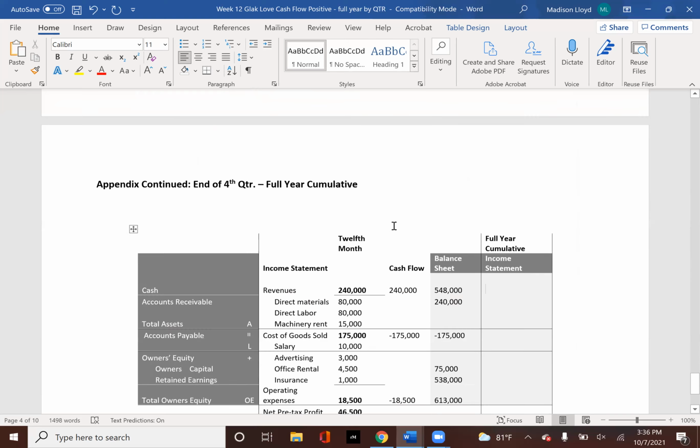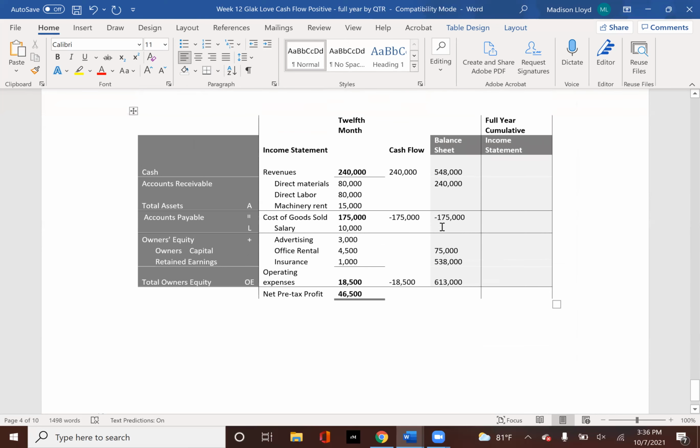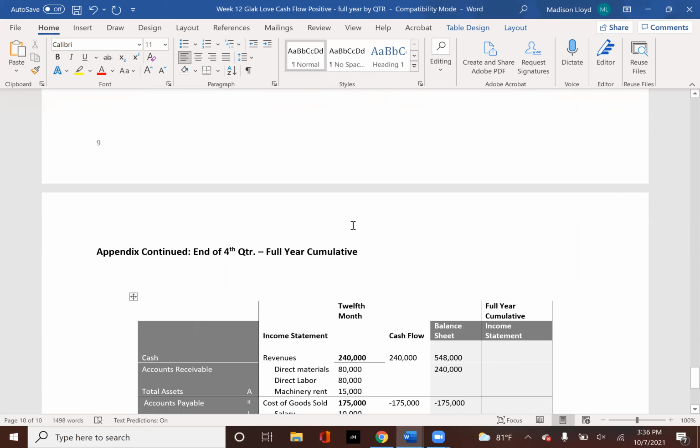So what you can do is you can take these values, multiply them by 10, and then just add the first 2 months to them. Okay. So we're going to do $240,000 times 10 because we have 10 months of the same values on the income statement, which is 2.4 million.